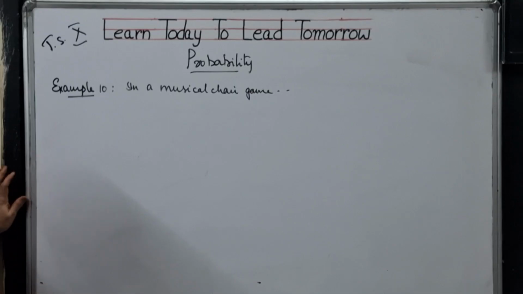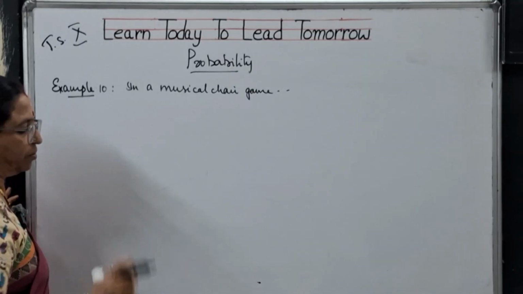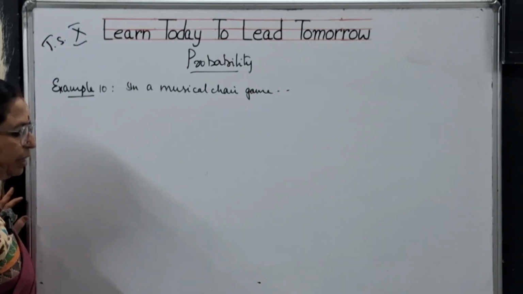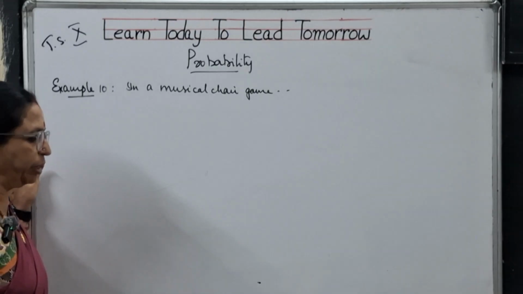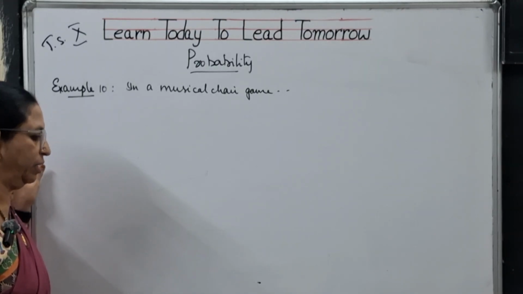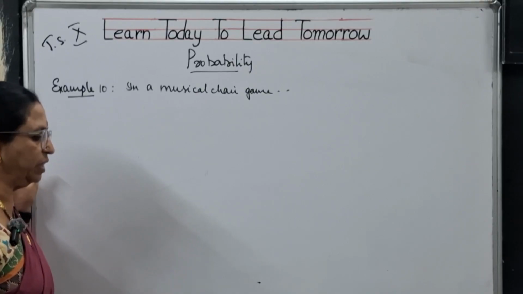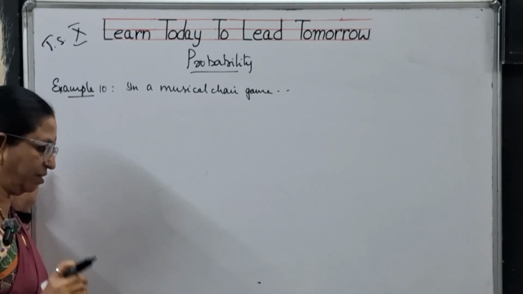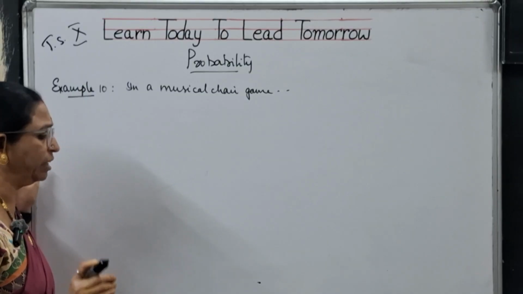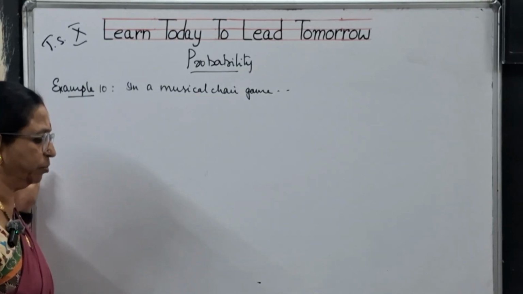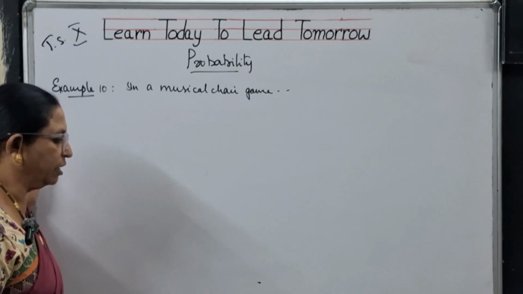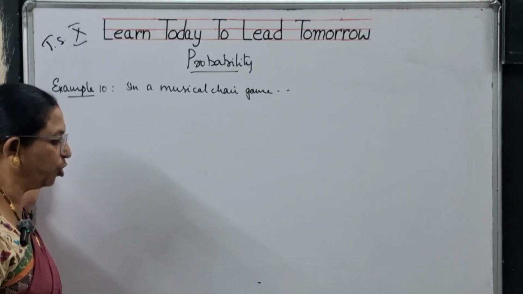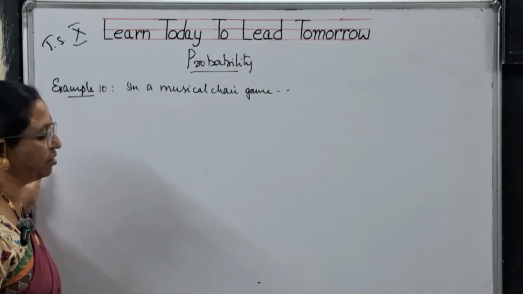Now, example 10, children. In a musical chair game, the person playing the music has been advised to stop playing the music at any time within 2 minutes after she starts playing. Means after the music has started, within 2 minutes, anytime she has been given that freedom. What is the probability that the music will stop within the first half a minute after starting?